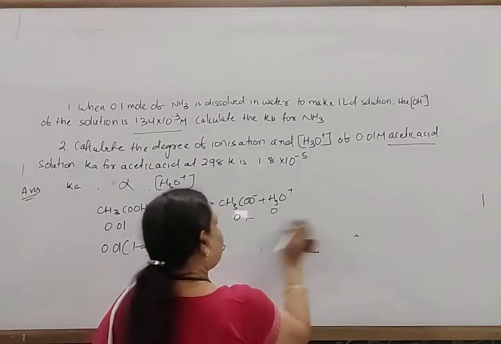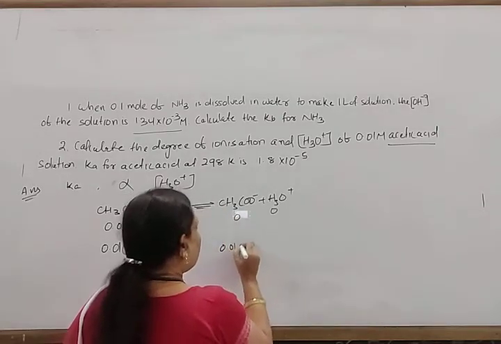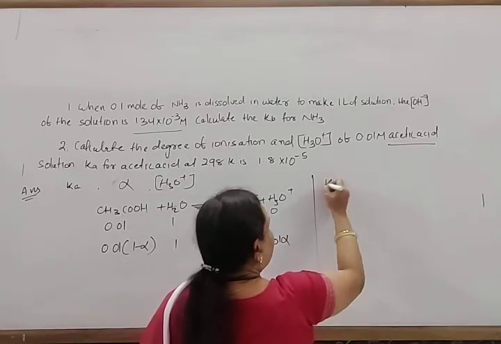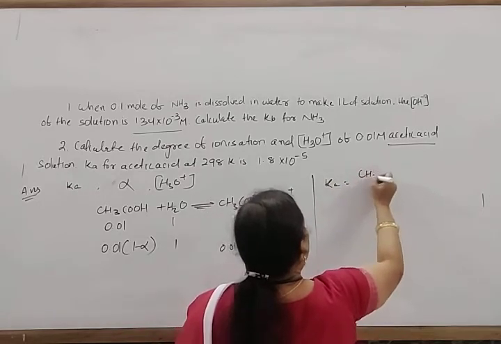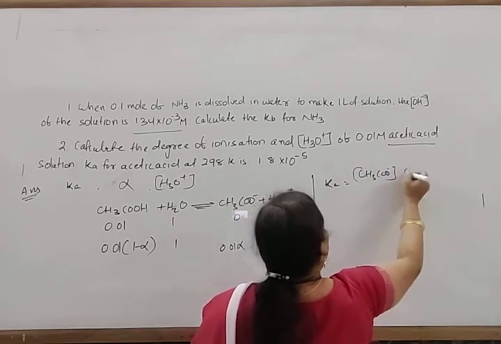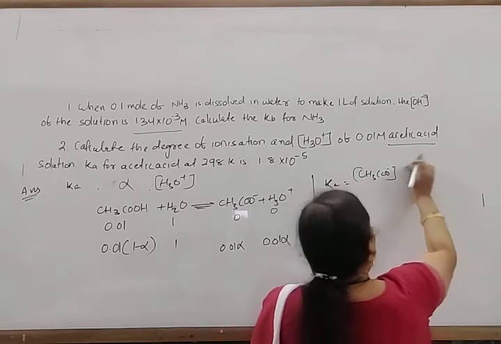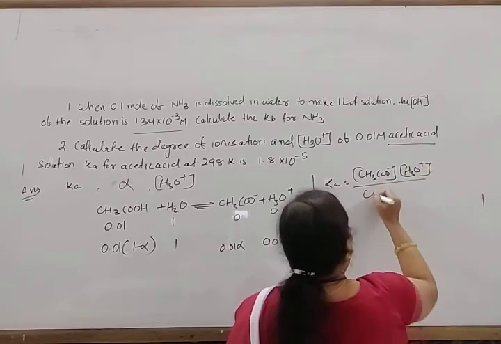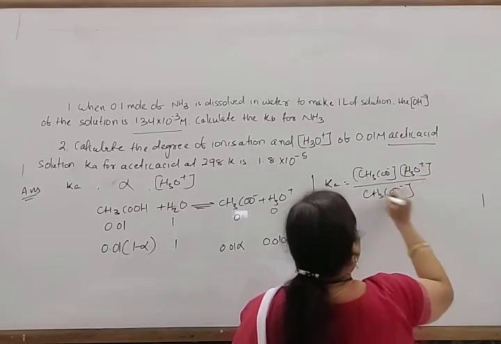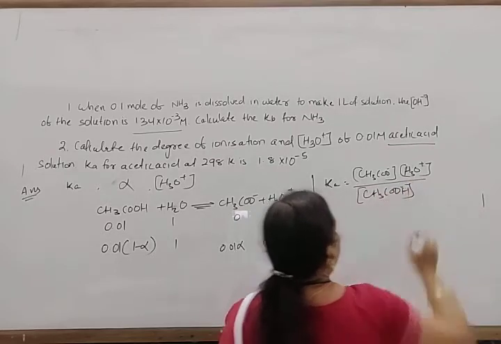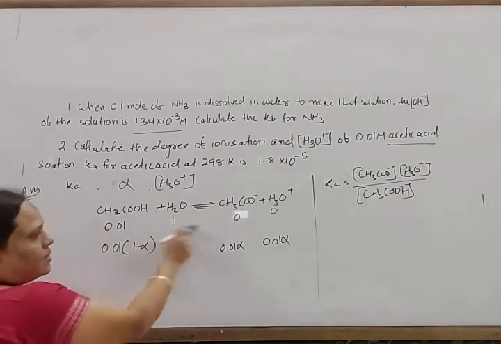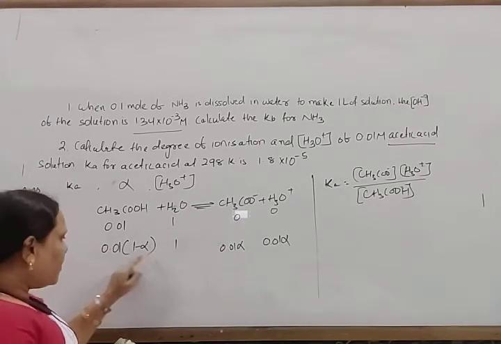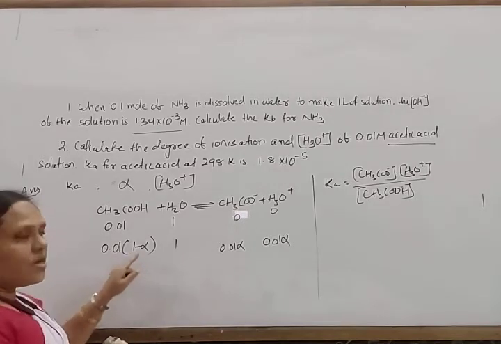The products are 0.01 alpha and 0.01 alpha, and we find Ka equal to CH3COO- concentration times H3O+ concentration divided by CH3COOH concentration. Initially it is 0.01, but after equilibrium is achieved, alpha part is dissociated, so the acid is 0.01 into (1 minus alpha).